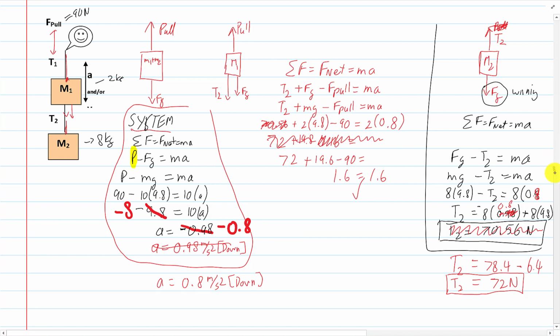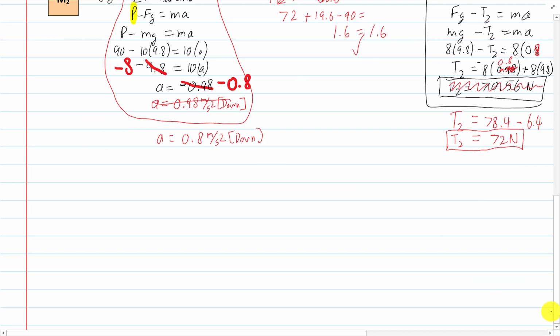The other one to think about, and I'll put a link to another video, is what happens if you have a block on a surface and it's being pulled along, but we have a pulley, and the pulley has another block pulling it down. There's our table or surface.